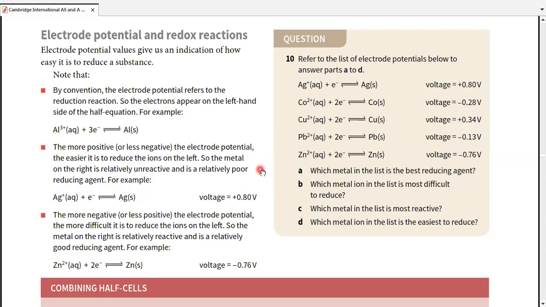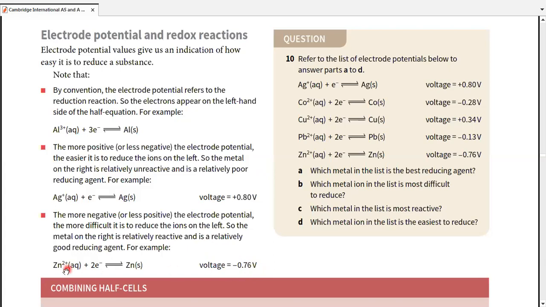Which means the metal on the right is relatively unreactive, a relatively poor reducing agent, because metals tend to be reducing agents, but the reactive ones are good reducing agents. On the other hand, the metals that are unreactive are poor reducing agents. Whether we define it this way or on the basis of reactivity separately, both say the same thing. So this proves that electrode potential is another way of verifying the reactivity of metals based upon their electrode reactions.